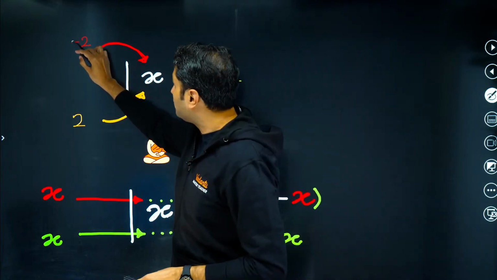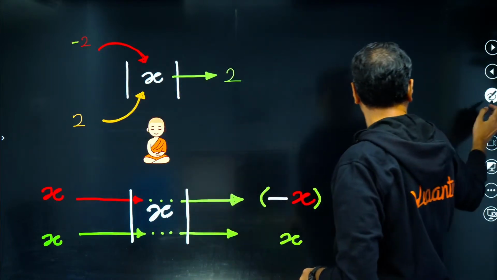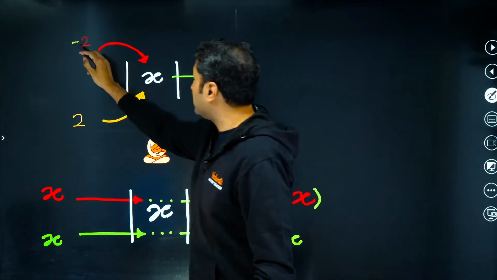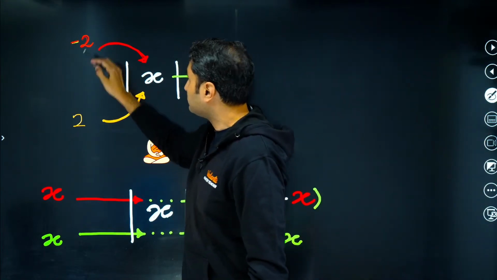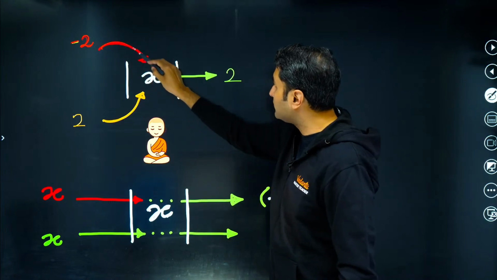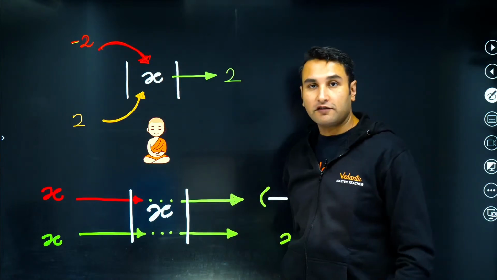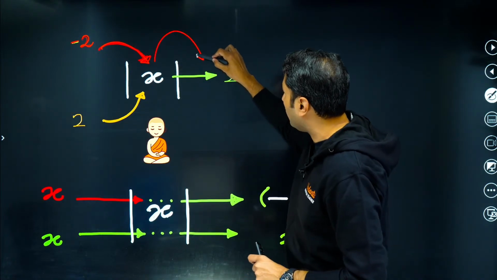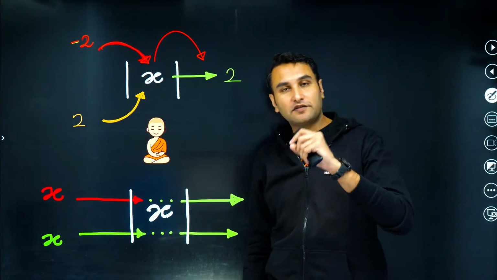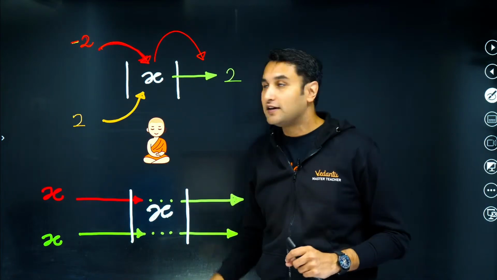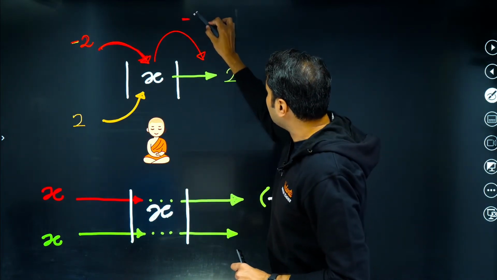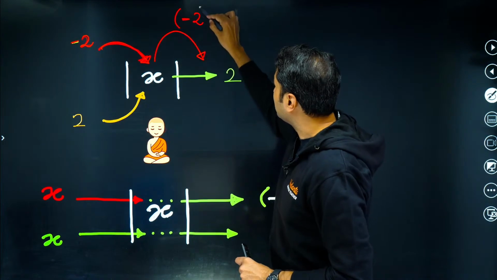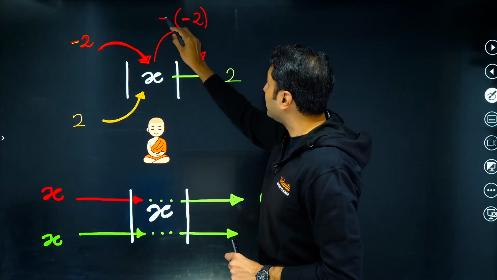So see, if you input -2, as I've written here, this -2 comes inside, Baba made it positive. But the important thing to remember, how did Baba make it positive? There is a very interesting way which Baba uses. Baba gives a negative number another negative.